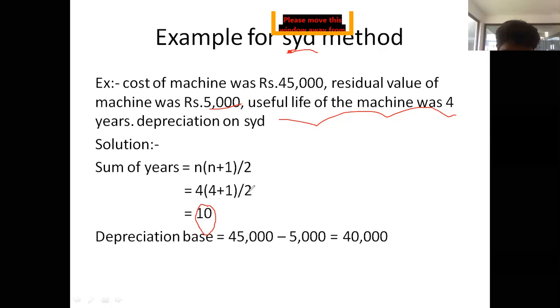So 5 into 4 divided by 2 comes out to 10.